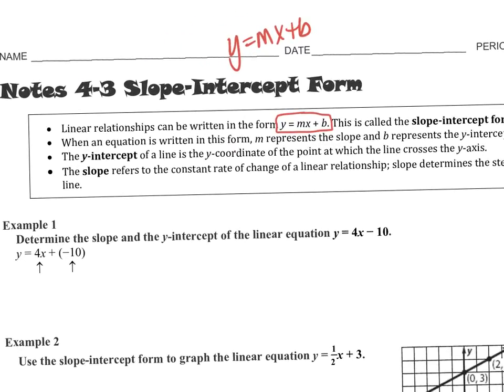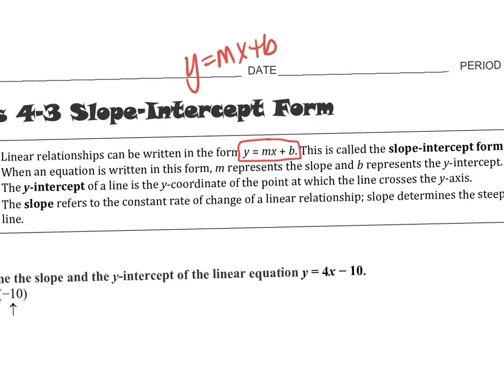When an equation is written in this form, and we talked about this yesterday, m is the slope. What is the slope? How do we find that? Do y'all remember? Same thing as unit rate, same thing as constant of proportionality.